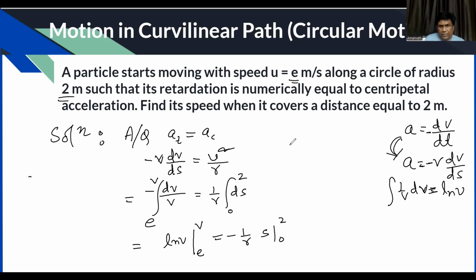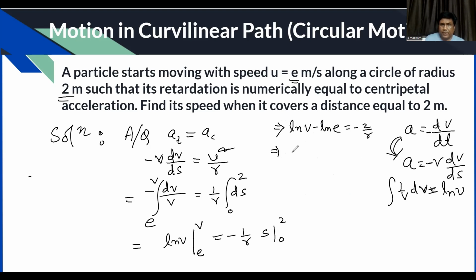This type of problem where integration is involved, you have to practice 2-3 times. Now we have to put the upper limit ln v minus lower limit ln e, equal to minus 1 by r. S is 2 minus 0, so it will be 2 by r only.